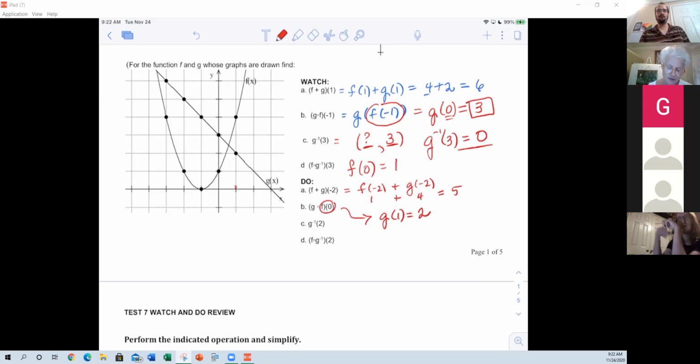I know it's confusing sometimes because you're looking at two different graphs, so you have to make sure you're going to the right one every time. Exactly. And double check. So what about g -1 of 2?